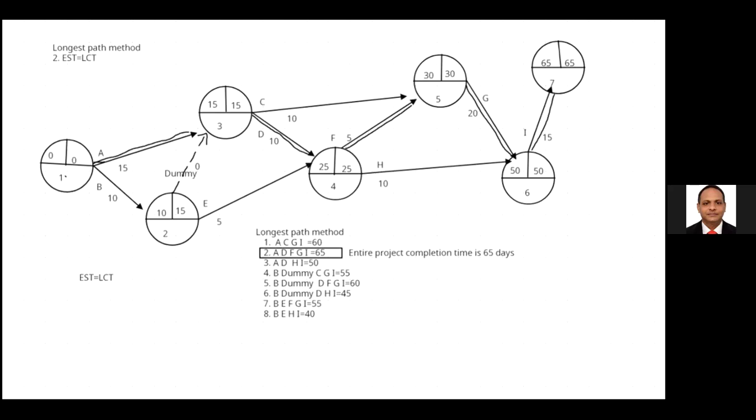I would like to write down the critical path, so we can get the same answer. The critical path is activity A, D, F, G, I. Then the entire project completion time is 65 days.